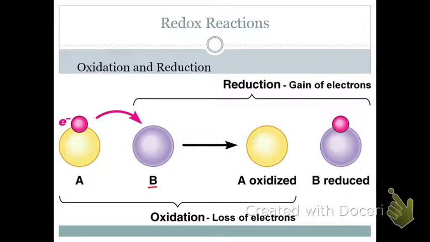So there's two parts. One is the oxidation and reduction, but they have to go together. If something's going to be oxidized or lose an electron, something needs to gain those electrons, right? Like conservation of mass in a chemical reaction, matter can neither be created nor destroyed. Okay, so here we have an electron being gained.